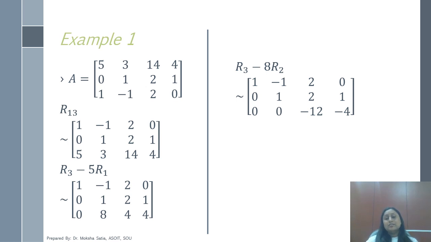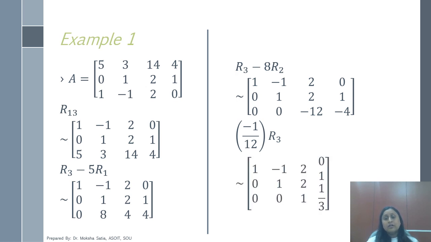Now again, to make this matrix in row echelon form, we need to make a leading one in the third row, as this third row is a non-zero row. So let's multiply R3 by minus 1 by 12. After multiplying R3 by minus 1 by 12, we'll have the third row as 0, 0, 1 and minus 1 by 3. Now let's check whether this is in row echelon form or not. Here each and every row is a non-zero row.